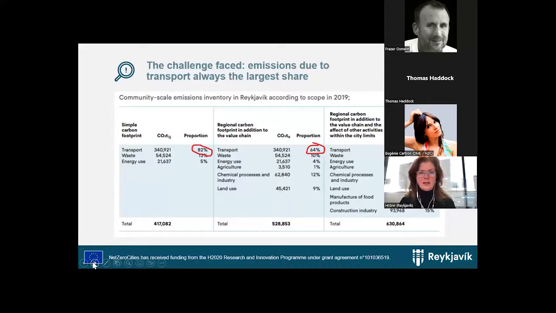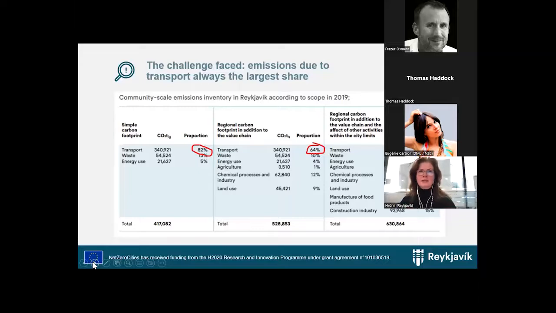This is 3 kinds of calculations if you look into the columns. It doesn't matter how we calculate greenhouse gas emissions. It's always the largest proportion or percentage that is due to transport. If we only take the scope 1 emissions, or the closest, basic calculations, then it's 82%, and its lowest is 54%, and then we have scope 3 emissions calculated as well.